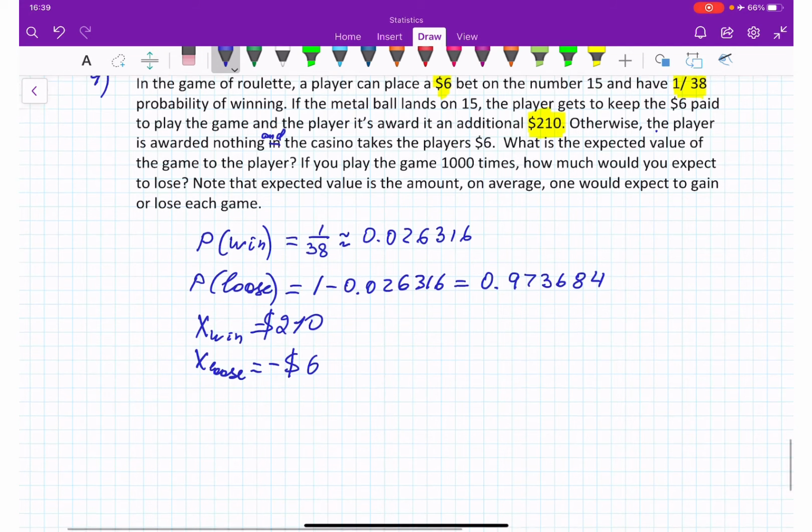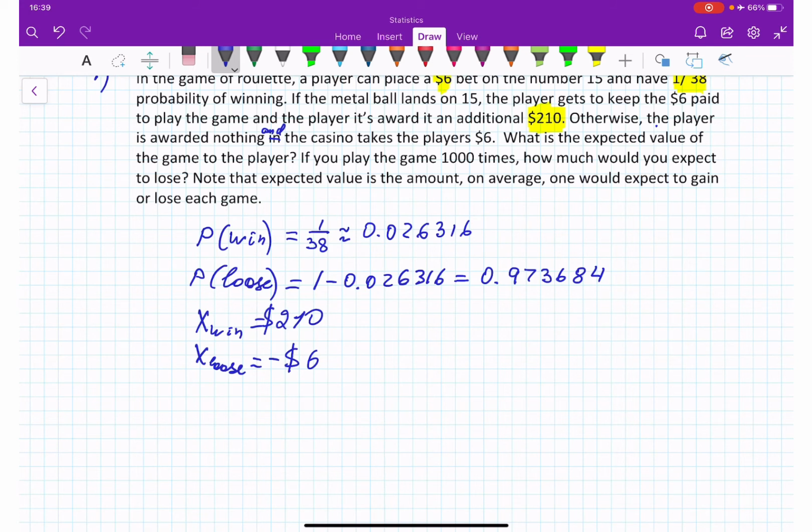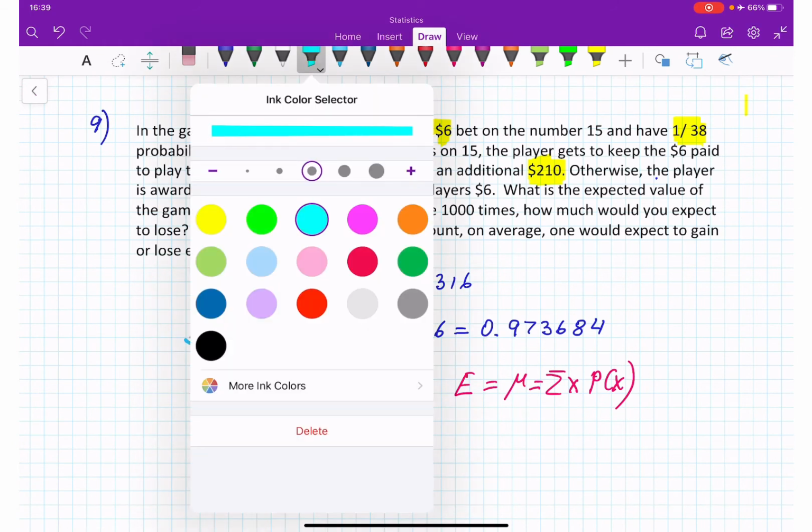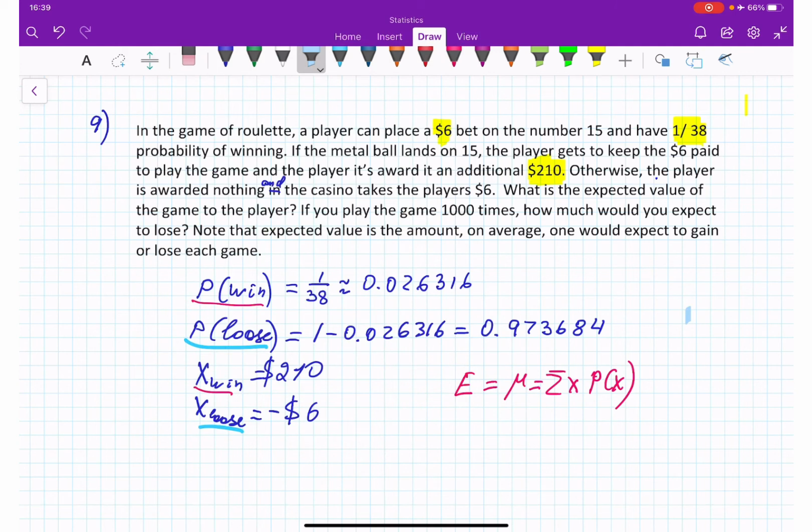First of all, expected value is the same thing as mu, which is the sum of x times probability of x. In this case, it's going to be the sum of probability of win times win and probability of loss times loss. One thing here is interesting, and I would like to draw your attention to it. It says if the metal ball lands on 15, the player gets to keep the $6.